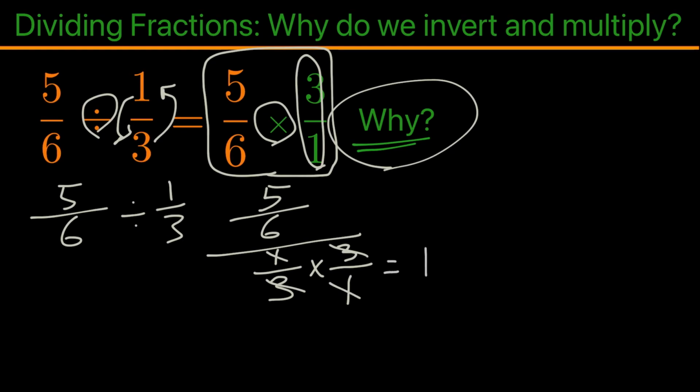And now, whatever we do in the denominator, we need to do in the numerator. So we multiply the fraction 5 over 6 by 3 over 1, like so. Now I think you can start seeing the picture. We have 5 over 6 times 3 over 1. Doesn't that look like what we have up here?